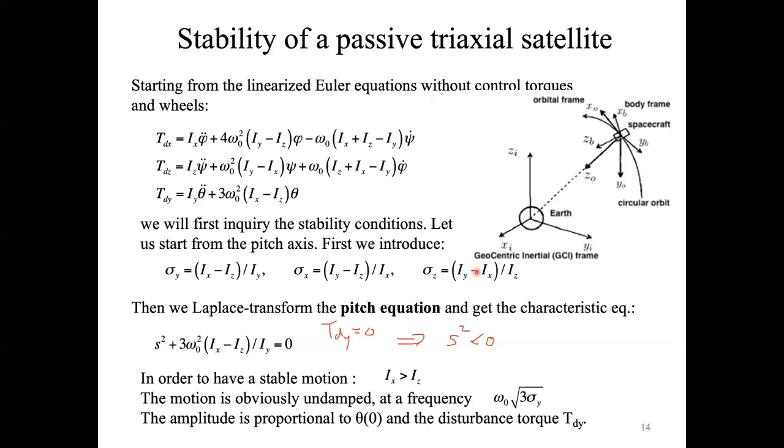In order to have that, you can easily check that the moment of inertia along the roll axis has to be greater than the moment of inertia along the yaw axis. So basically, this term here has to be greater than 0.